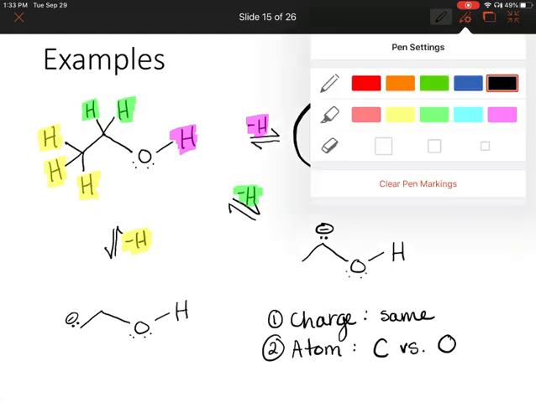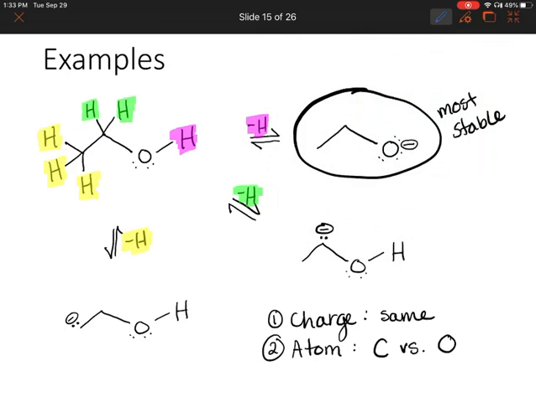But then that also tells us that the purple hydrogen is the most acidic. So it's the most likely to bond with a base and leave the molecule because the resulting conjugate base is so stable. All right.